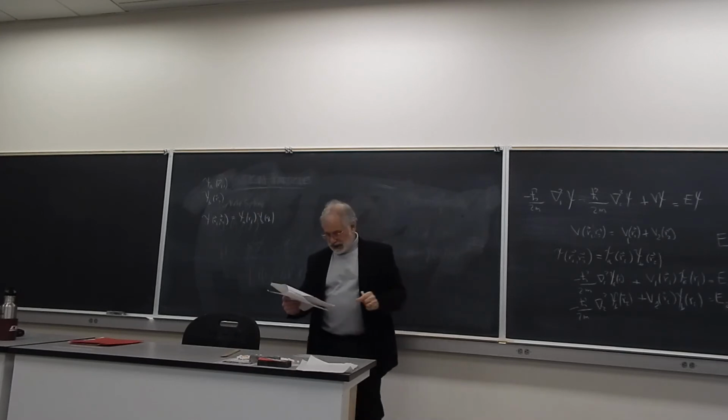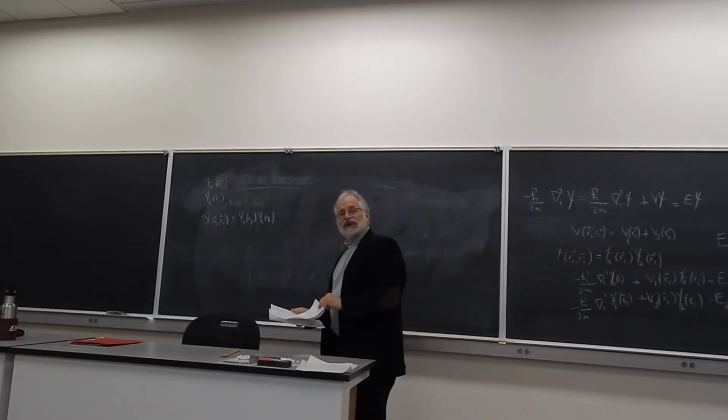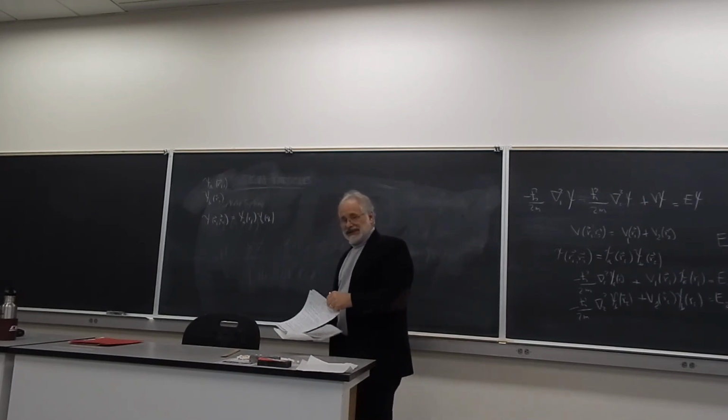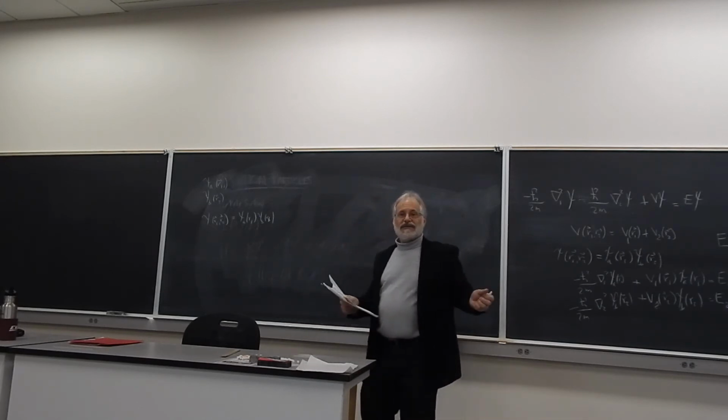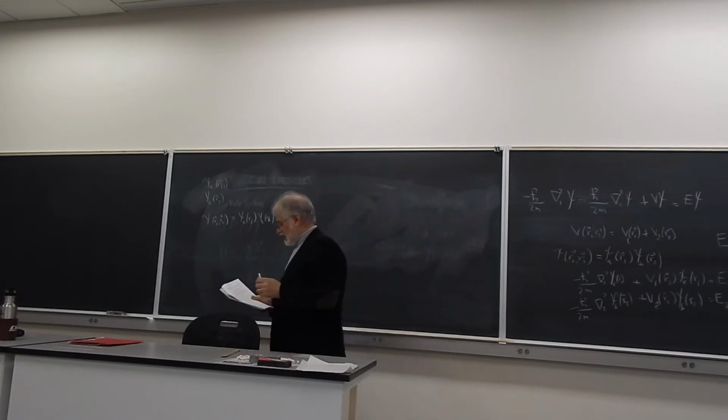presumes that the particles are distinguishable. But as we know, with all elementary particles, they're not distinguishable. You can't tell one electron from another or one proton from another. All of the same particle look alike.